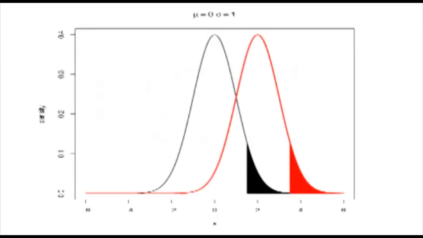On the left panel, we have the normal distribution in black, which has mean 0 and standard deviation 1. And the black shaded region would be the area under the curve where x is bigger than 1.5.